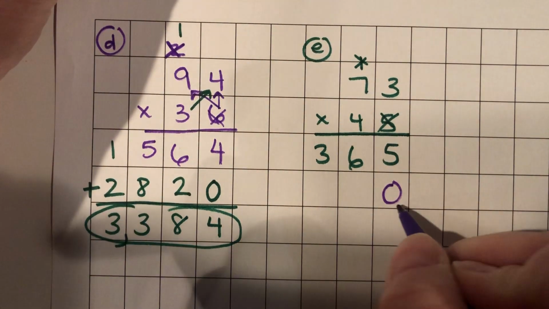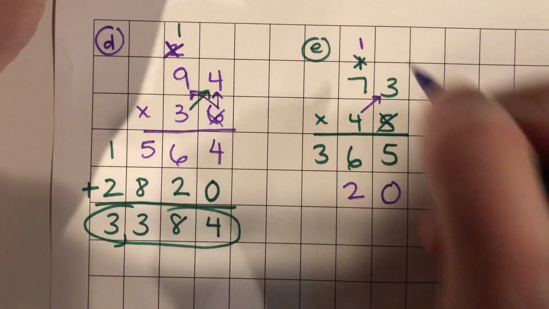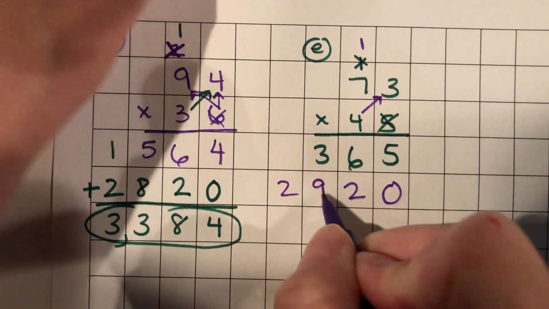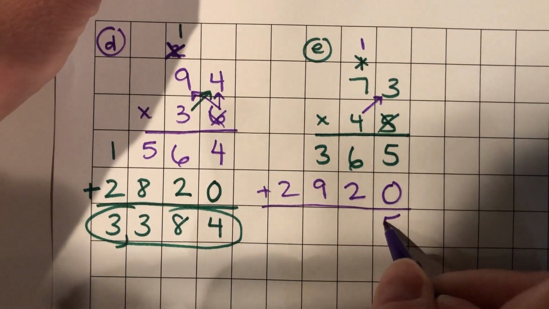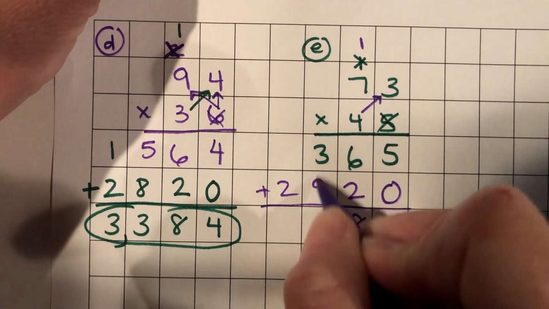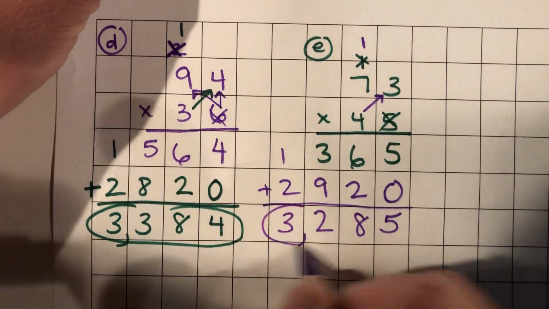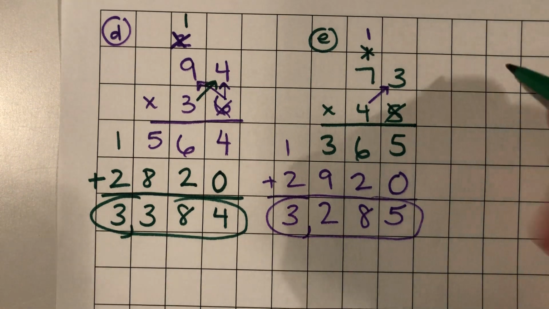So I'm going to put my 0 first. Now, 4 times 3 is 12. I carry the 1. 7 times 4 is 28, plus 1 is 29. All you have to do now is add them together. 5 plus 0 is 5. 6, 7, 8. 9 plus 3 is 12, and 2 plus 1 is 3. So 3,285.